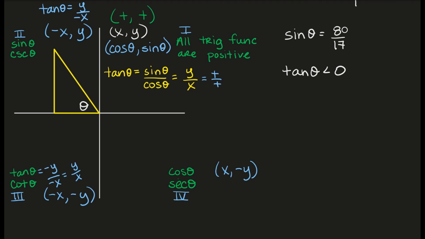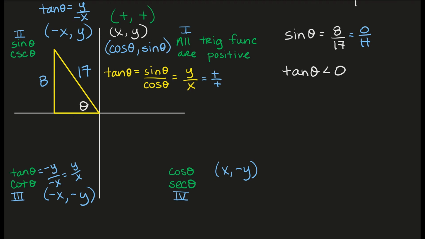They told you sine is 8 over 17. Okay, well, we know that sine is the opposite leg over the hypotenuse. So if I'm looking at this angle here, the opposite leg is going to be 8, and the hypotenuse is going to be 17. Now, using Pythagorean's theorem, we can find the value of this base leg.